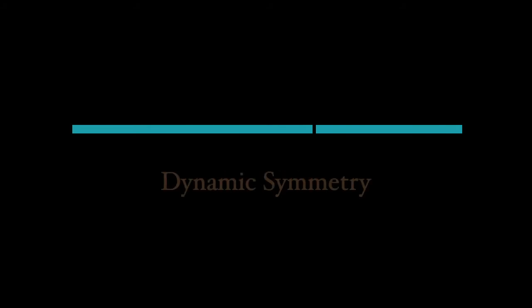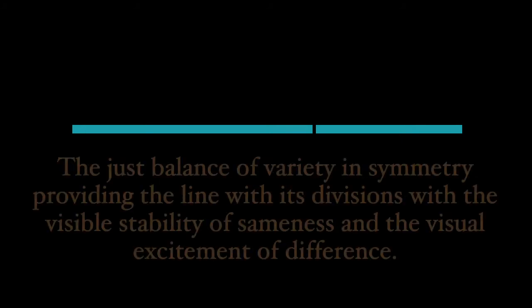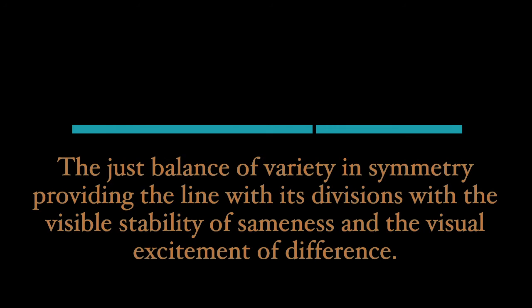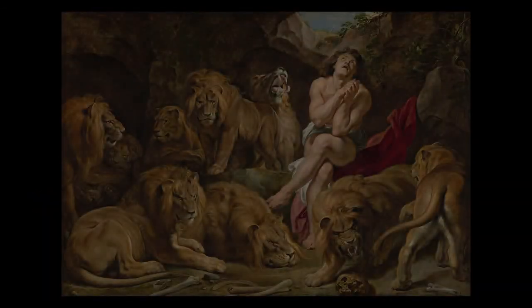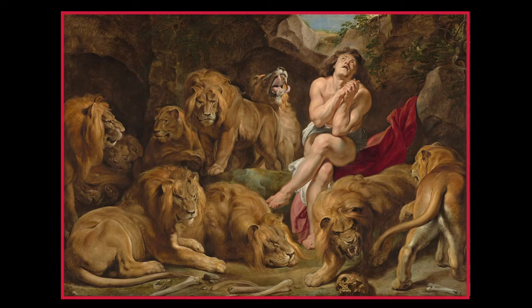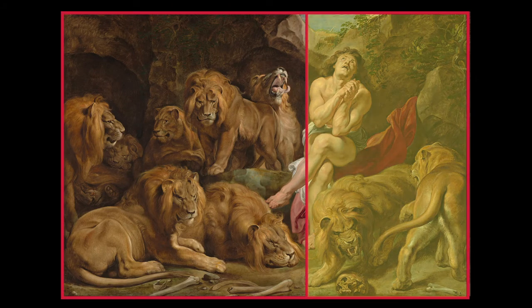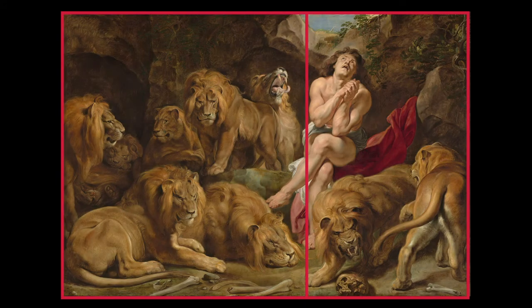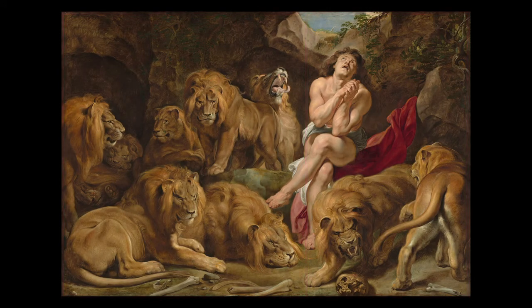This is an example of dynamic symmetry, defined by J. Hambidge as the just balance of variety in symmetry, providing the line with its divisions with the visible stability of sameness and the visual excitement of difference, a particularly pleasing harmonic relationship. These examples are useful guides in shaping our thoughts about proportional relationships and their significance for design.